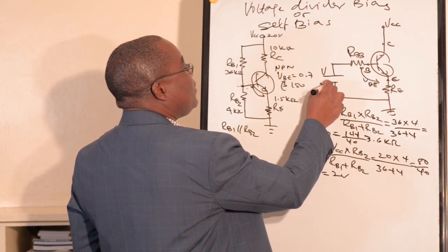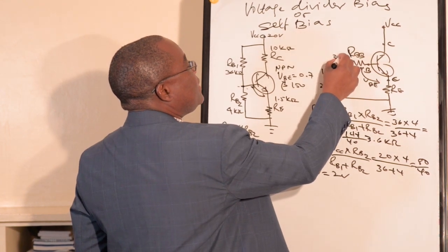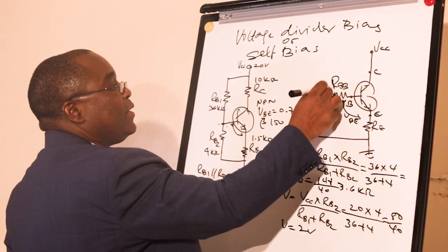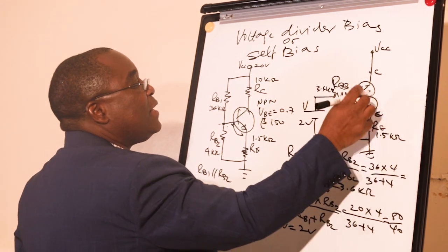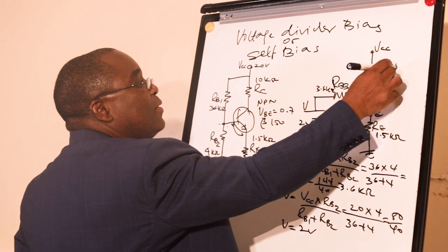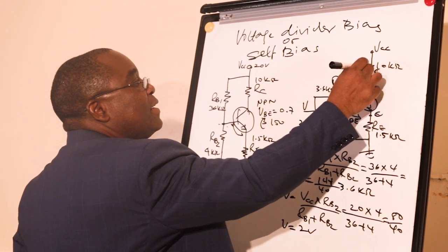So here you have 2 volts, here we have 3.6 kilo ohms, here is 1.5 kilo ohms, and here we have 10 kilo ohms RC.